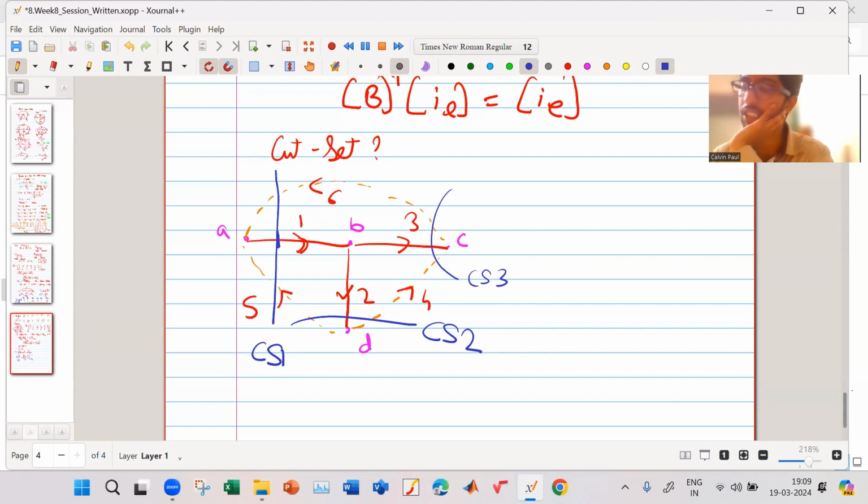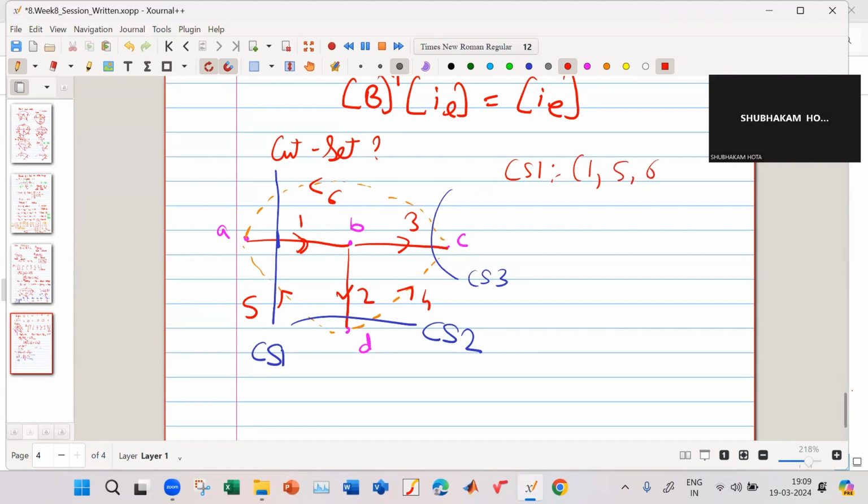Now what is the convention? Which will be positive, which will be negative? Assume cut set 1. What are the elements of cut set 1? You have 1, and you have 5 and 6, right?